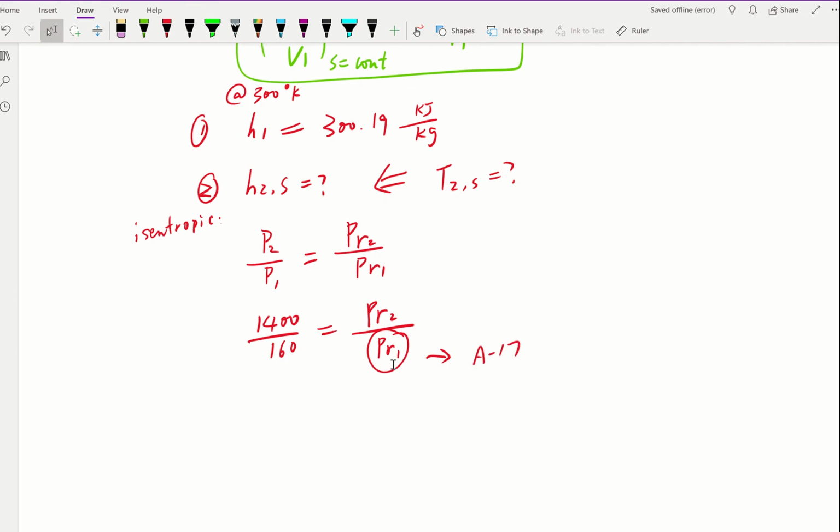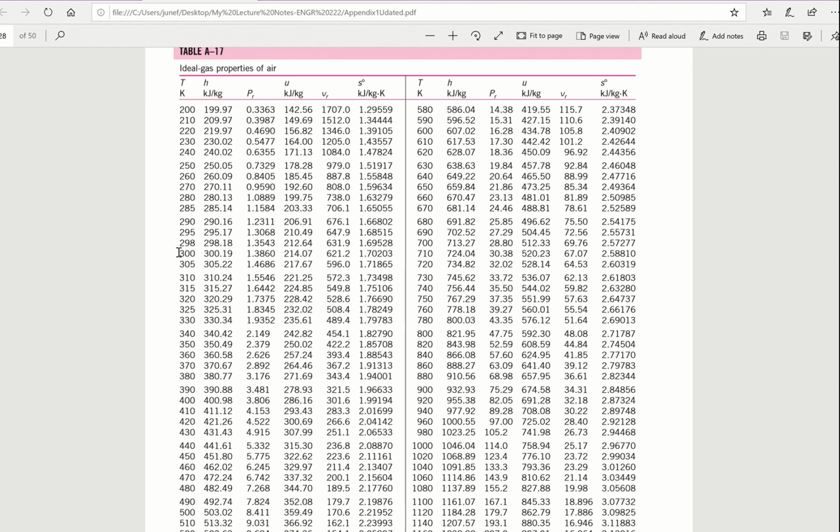In A17, PR1 corresponds to the temperature at state 1, which is 300 Kelvin. That's where we find our H1. So let's go to the same table. At 300 Kelvin, you notice another column right here, PR. That's our relative pressure. It's 1.3860.